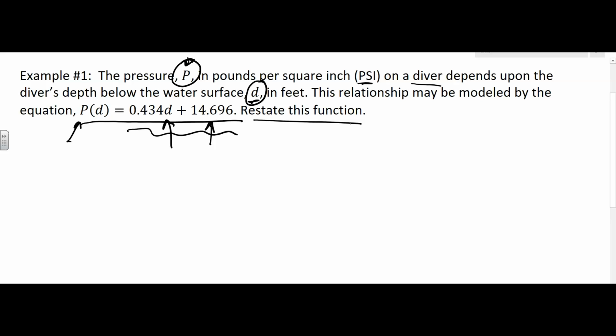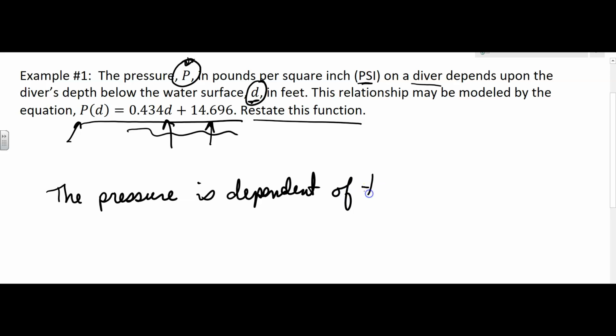So what we're saying is, they ask us to restate this function, which is kind of an odd direction, I think, but we're just talking about it here in this video. But we can say something like, the pressure is dependent on the depth of a diver.